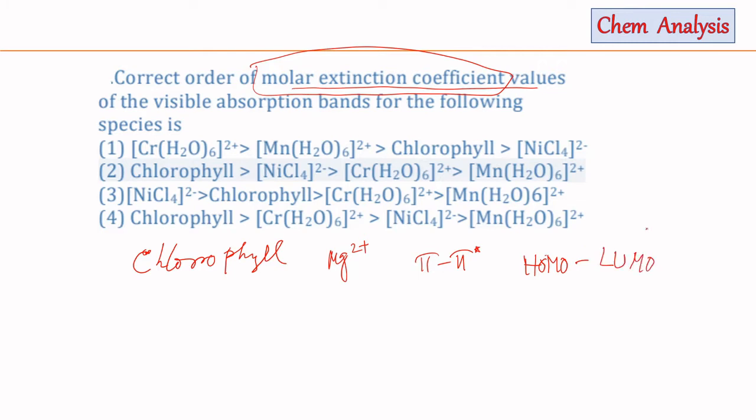Therefore, the intensity of electronic transition for chlorophyll will be highest among the different coordination complexes.